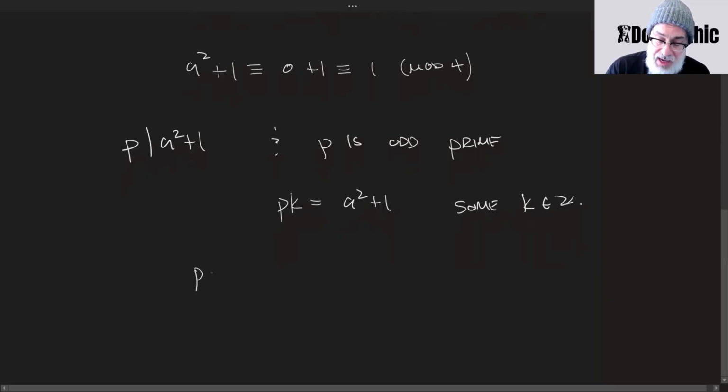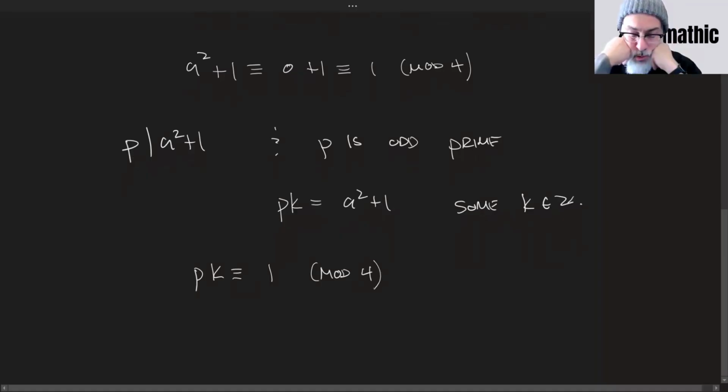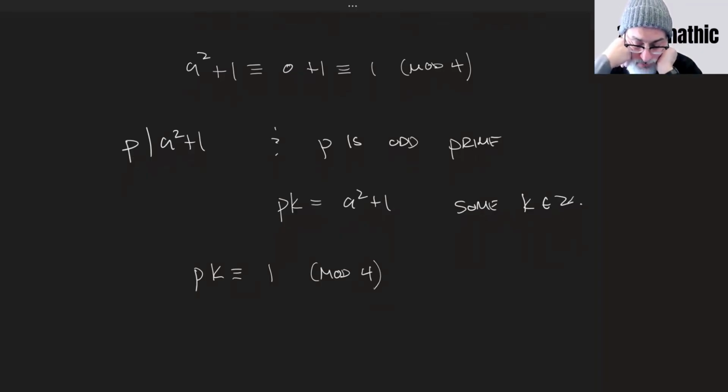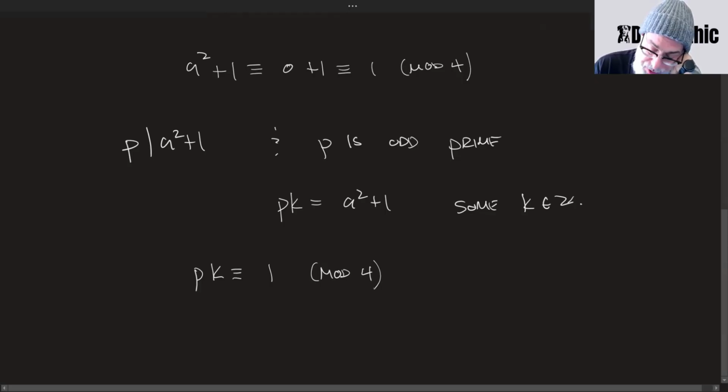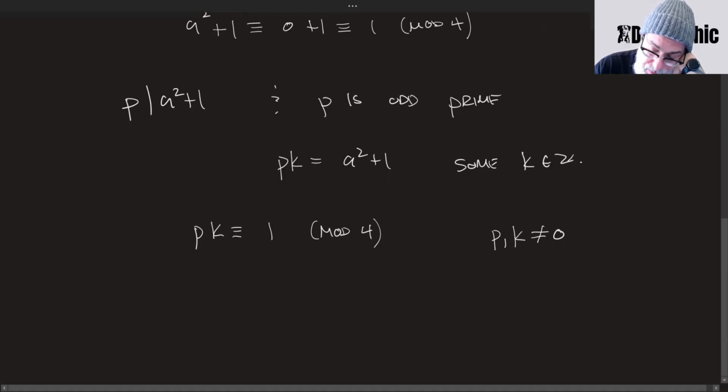Well, then we have pk is congruent to 1 mod 4. Okay, so pk is congruent to 1 mod 4 means that, again, we only have 4 options, right? So p or k cannot be 0 because 0 times 0 will be 0. And 1 and 3 would be 3.